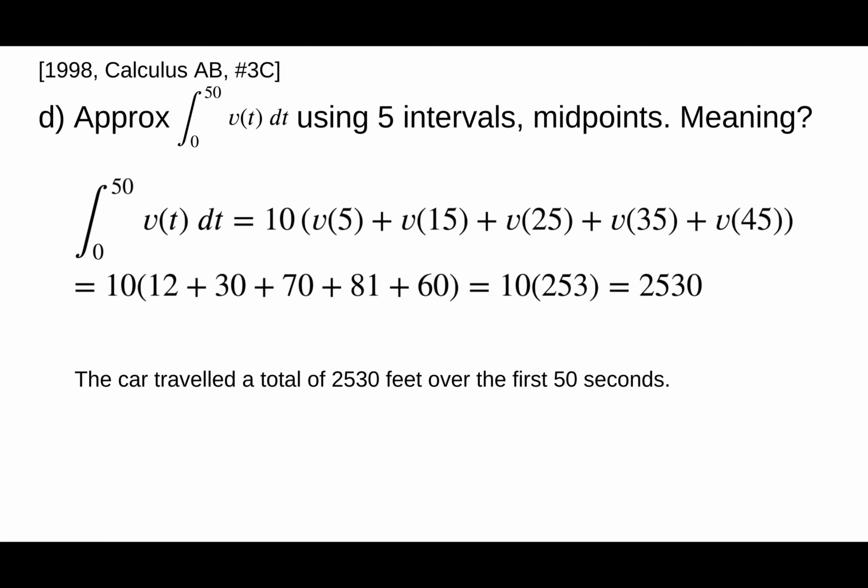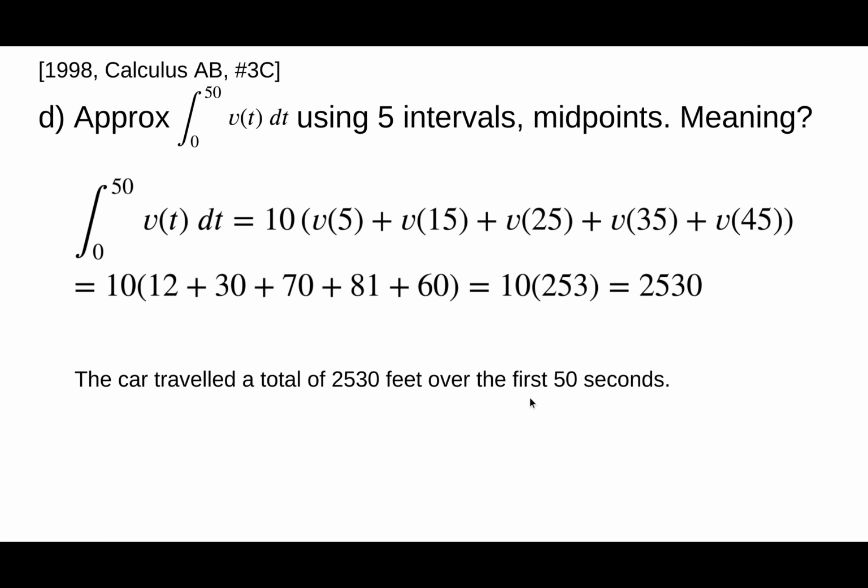Now, when you make a statement like this, you need to be specific. It needs to be clear to the reader that you are referring specifically to the interval from 0 to 50. A couple of ways you can do this, right? The way I did it was I said over the first 50 seconds. Without that word first, they have no idea where I'm starting at.